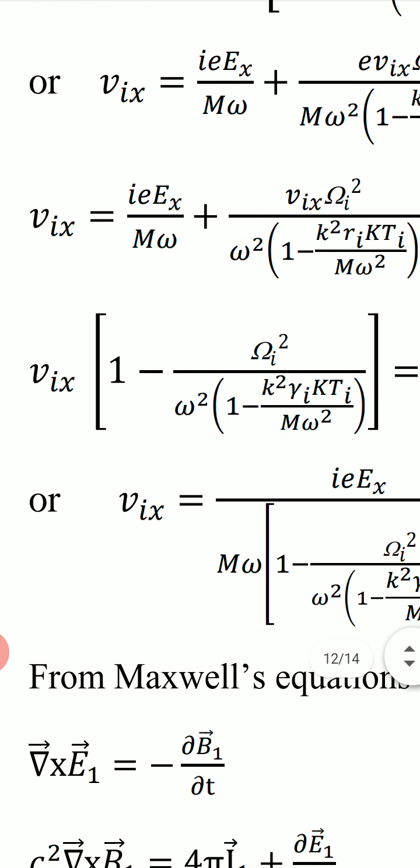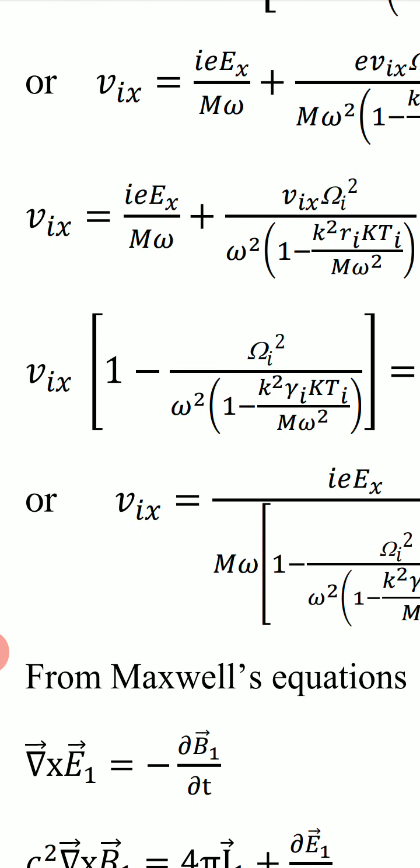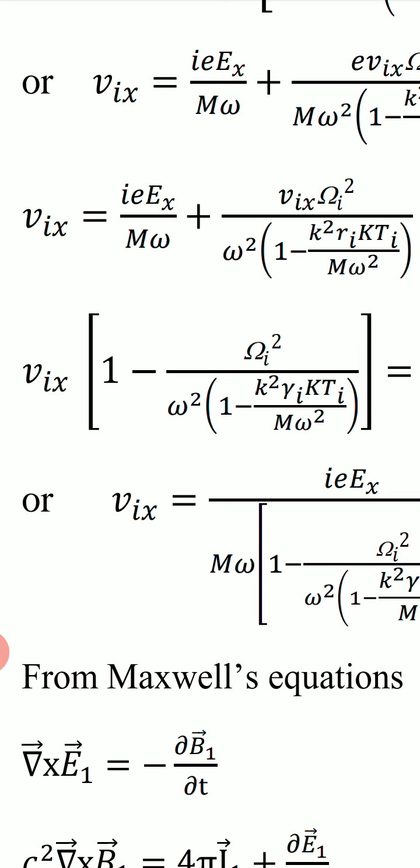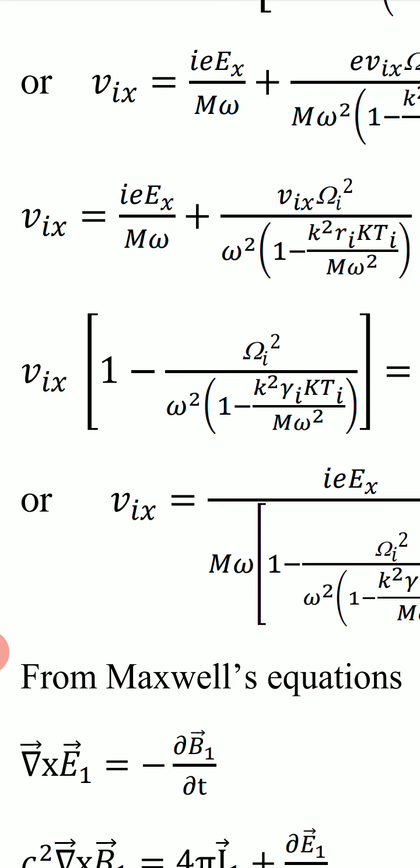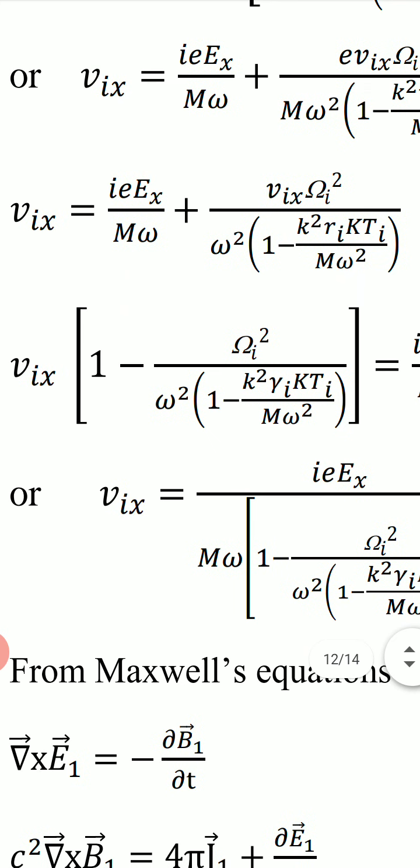Now take this second term of right hand side to left hand side, because the left hand side term contains Vix and this second term on right hand side contains Vix.